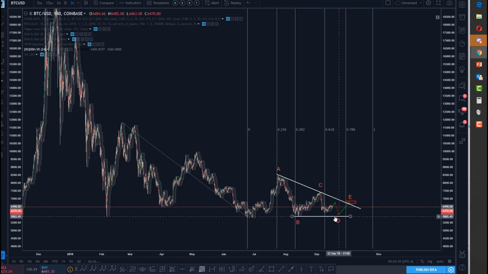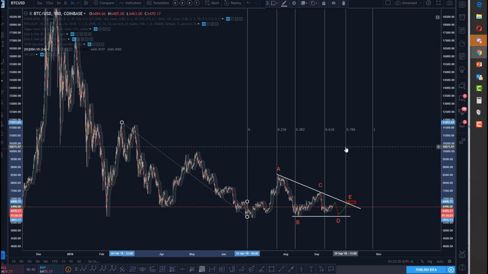It's unclear because we don't know whether the B of this D is going to meander sideways for much longer or go up, and then we don't know whether the D is going to come down a straight shot or meander downwards, much like this C leg of this ABC did, right? And then we've got plenty of time for the E to wander around some and get put in maybe at the 886 or something.